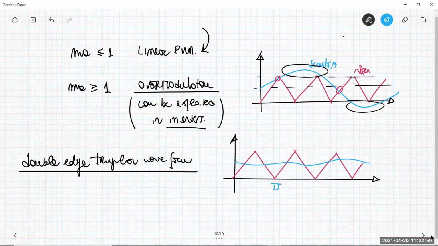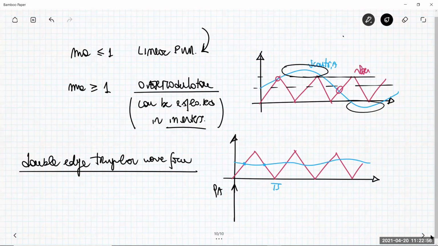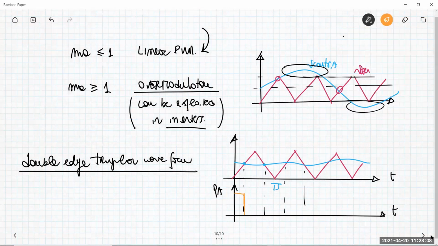So you can say that the output unitary switching function that is obtained by the standard process I explained to you before, basically the width of each pulse, here one, is modulated, is changed according to the variation of the control voltage by modifying both the position of the rising edge and the falling edge.